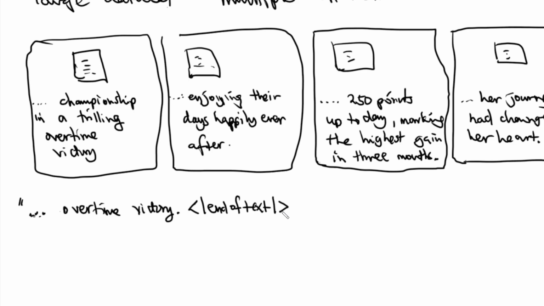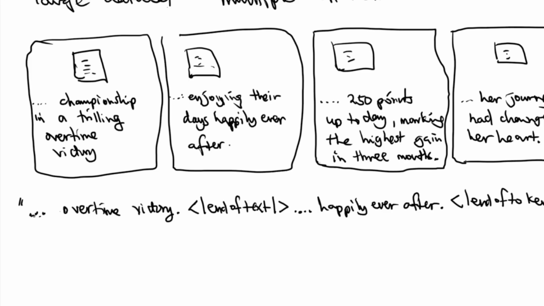Then we add the next document, the whole book itself ending in happily ever after. Full stop. Then we put the end of text token again, this unique token.